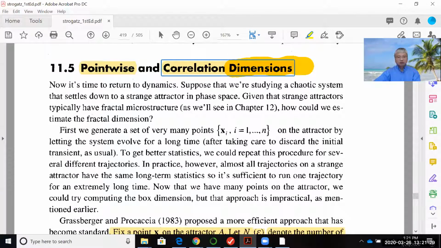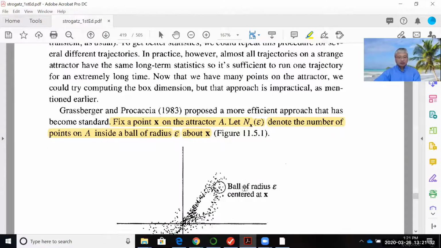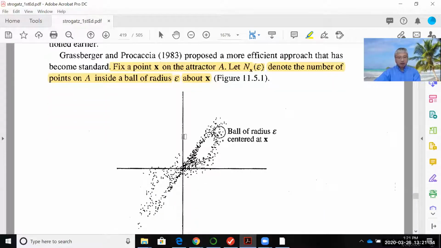Just pay attention. We have an object. We pick an arbitrary point which belongs to the object, so x is one member of the object. Find a point x on the attractor A. Now let N_x(epsilon) denote the number of points of A inside a ball of radius epsilon about x.